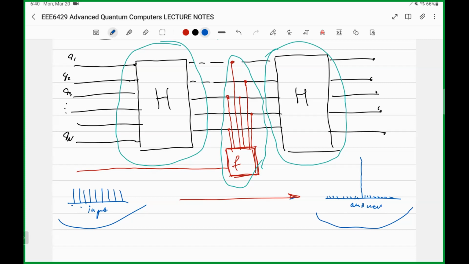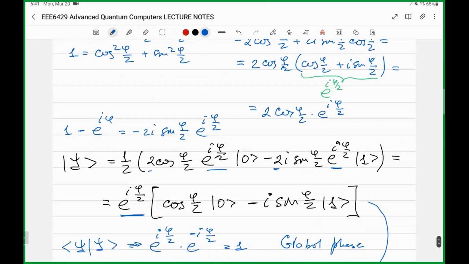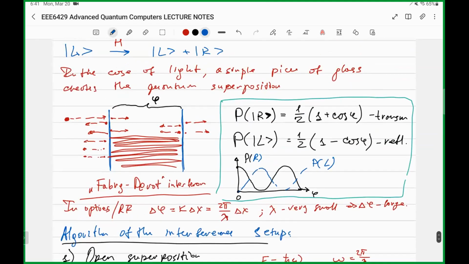So if your output is 50 qubits, then you have 2 to the power of 50 different combinations there. And the point is that exploring this wave nature of quantum mechanics, which gives you quantum parallelism, is very close to this situation here.